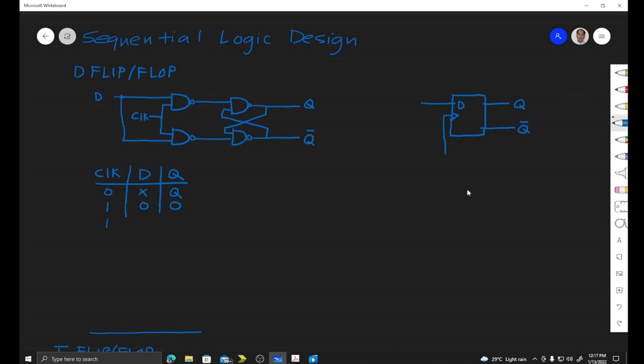For clock equals 1 and input 1, our state Q is also equal to 1.